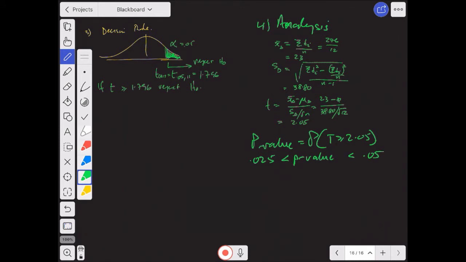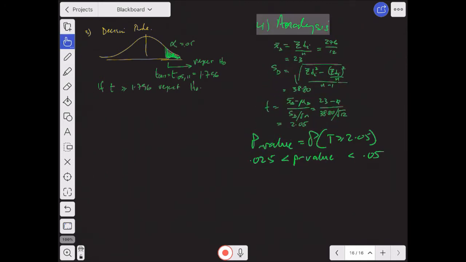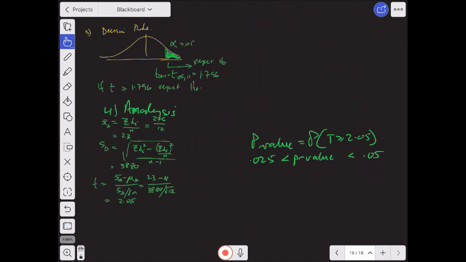Now we have our test statistic 2.05. We know what our critical value is, 1.796. So now what do we have left to do? Just a matter of do our step 5. I'll move this over to here.